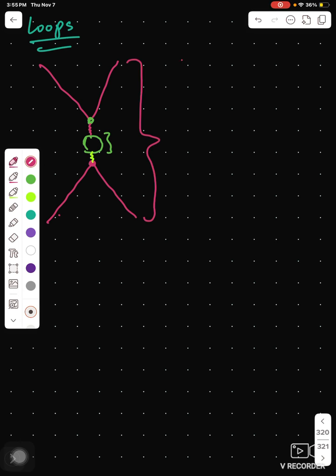The second loop could be that at the starting point, a photon is emitted and then absorbed again. This is the second loop. The third loop is like this, vice versa of the first one.